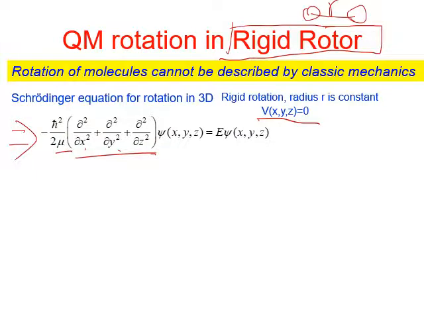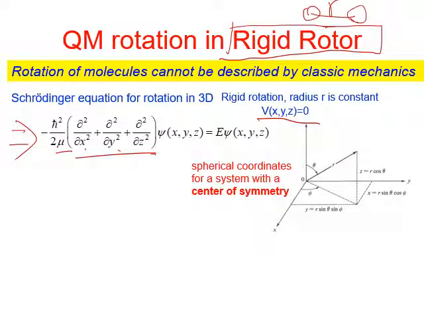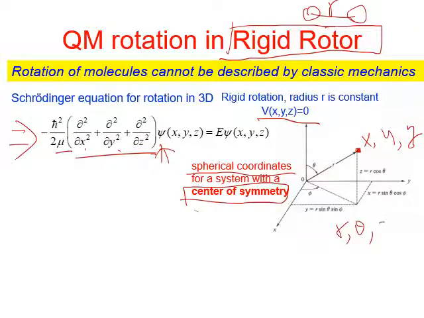In addition, due to the center of symmetry, this equation is most conveniently solved using spherical coordinates. So instead of using x, y, z to represent a point in three-dimensional space, we can use r, theta, phi.